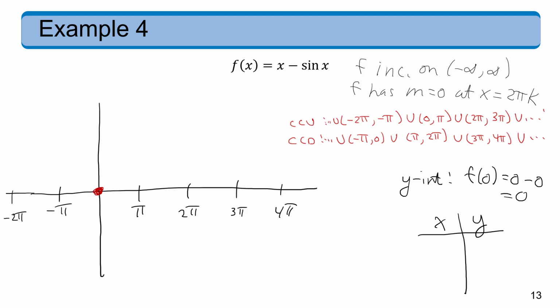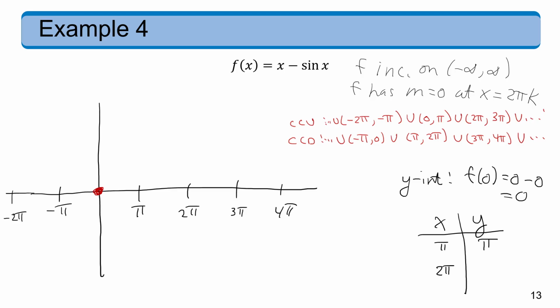maybe we could plot some of our inflection points. So remember we found those and they came from here. Notice at every multiple of pi, that's where the concavity was changing. So let's plug in, say, pi, maybe 2 pi on our table. We can do some more if we decide we need to. So when you plug pi into your function, you'll get pi minus sine pi, but sine of pi is 0, so it's just pi.